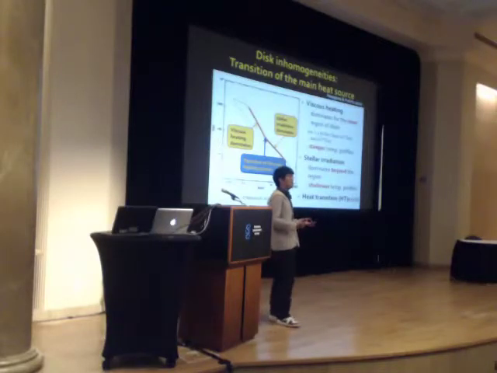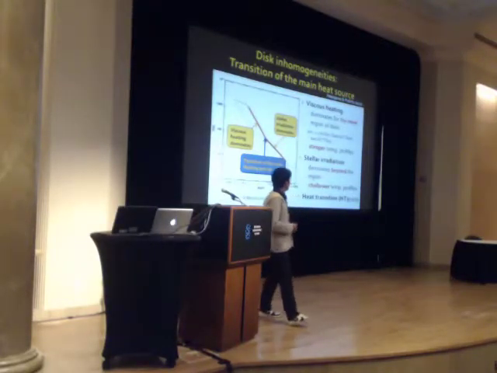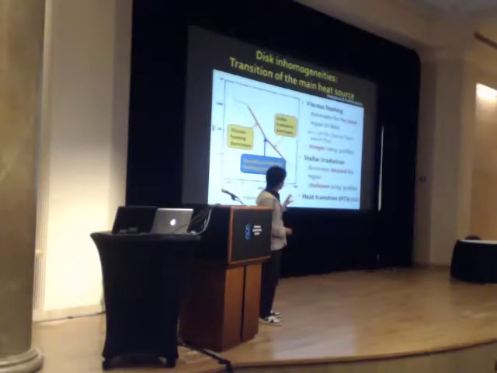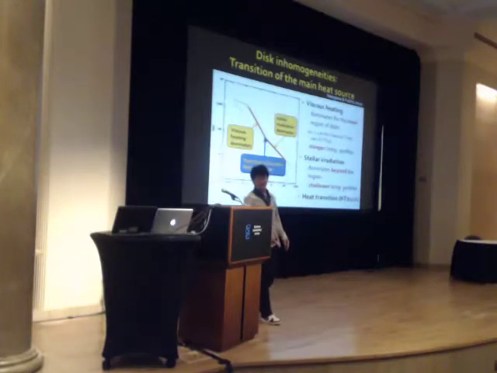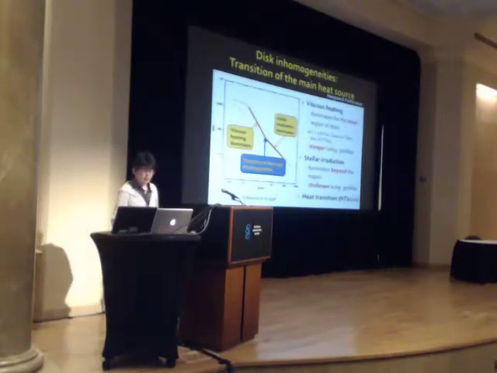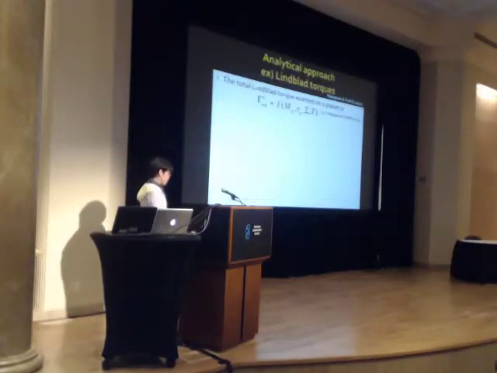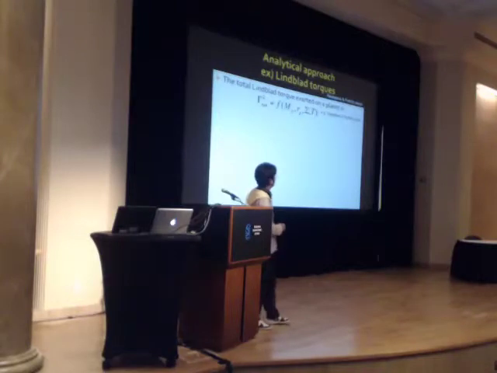Now we know what the disk inhomogeneity is, so we'd like to confirm whether or not this kind of inhomogeneity becomes a planet trap. In this study, we'd like to do a very comprehensive work, so we rely on an analytical approach.